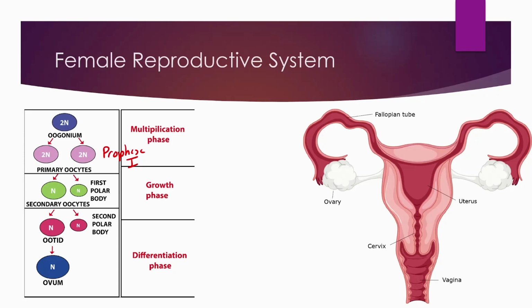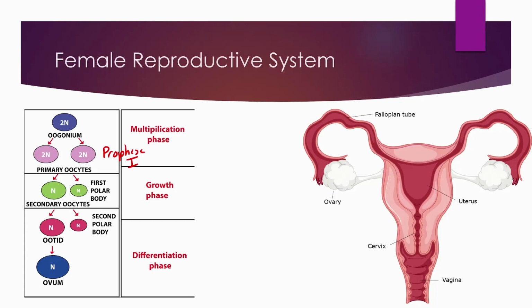After menarche, or the first menstrual cycle, one primary oocyte will be released every month to complete meiosis 1, producing a secondary oocyte and a polar body. The division is characterized by unequal cytokinesis, so unfortunately the polar body receives none of the main organelles.